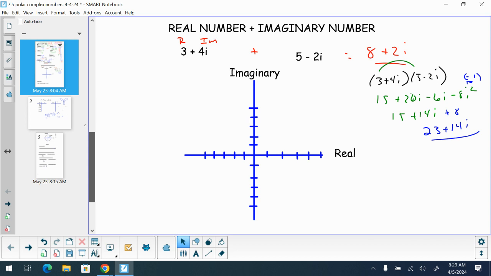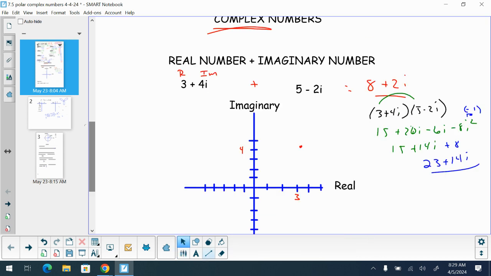So if I'm graphing 3 plus 4i, we would have a value of 3 here and 4 up here. We can plot this point and then draw a line. And that would give us 3 plus 4i.